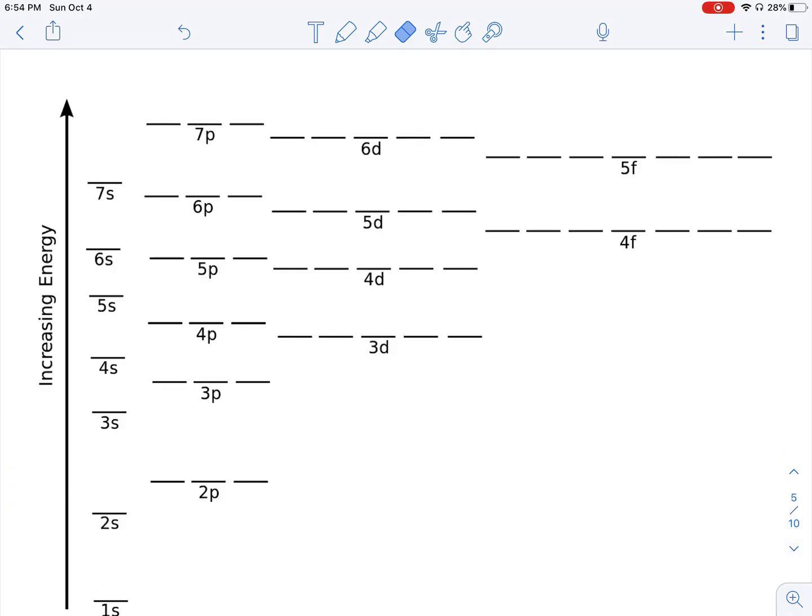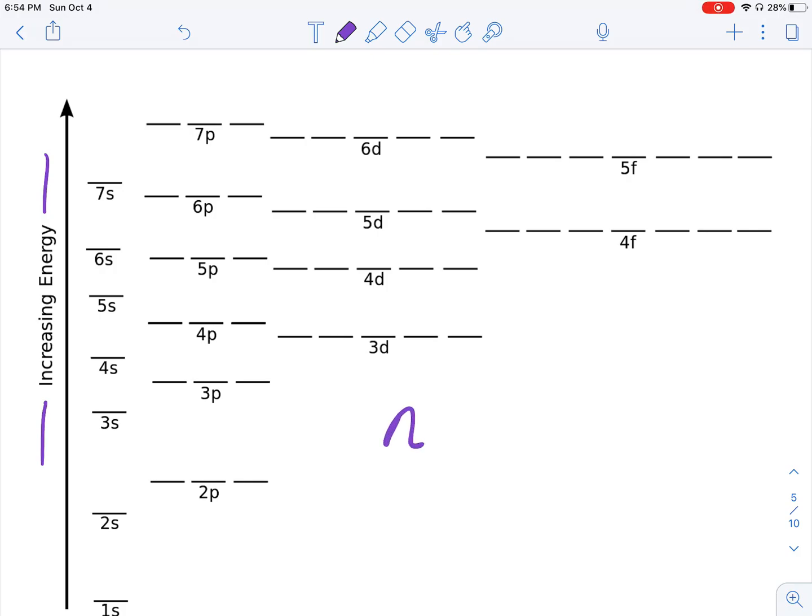Okay, where are we at? All right, so this is actually more what the electron cloud looks like in terms of energy levels. So again, we have our increasing energy over here on the side, and you can see here we have those energy levels that Bohr talked about. So levels 1, 2, 3, 4, 5, 6, and 7. And we would give those the symbol n.